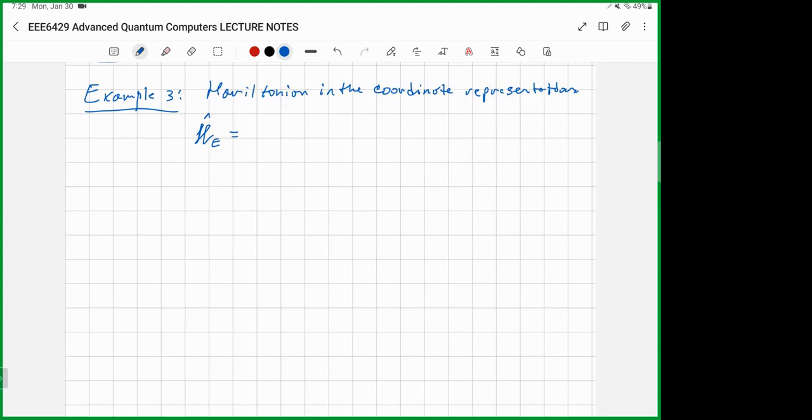This Hamiltonian in the energy representation will be E0, 0, 0, and so on, then 0, E1, 0, and so on, then 0, 0, E2, etc. So this will be a diagonal matrix with all diagonal elements that correspond to the eigenvalues of the Hamiltonian.